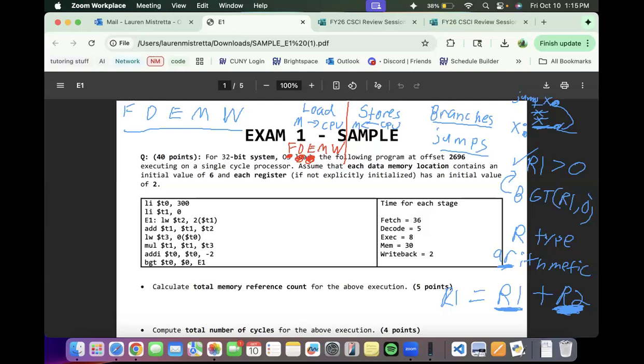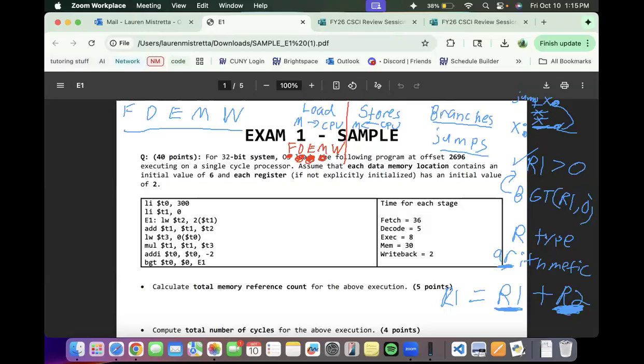For instance, if I know that I'm going to be loading, I can now say that this is going to be a read operation. I'm not writing anything, I'm reading. So let's say for the control wire, I can put down that it's a read operation.